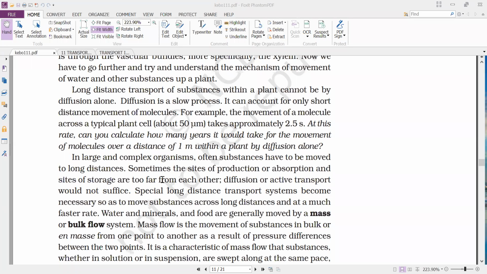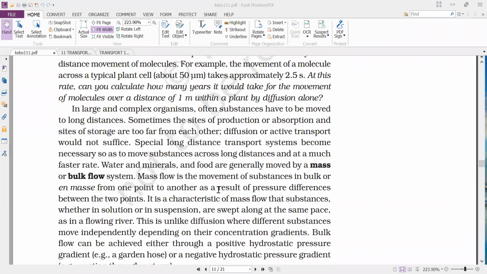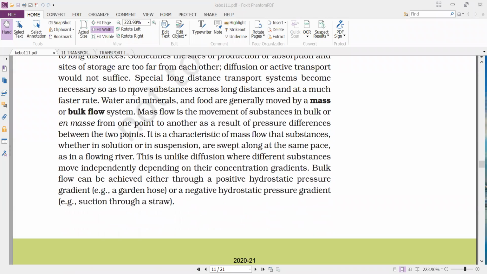We need some mechanism in the plants which will transport the substance to a long distance and also at a faster rate. So that's what it says: special long distance transport systems become necessary so as to move substances across long distance at a much faster rate.